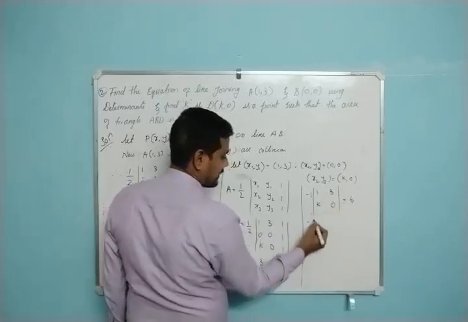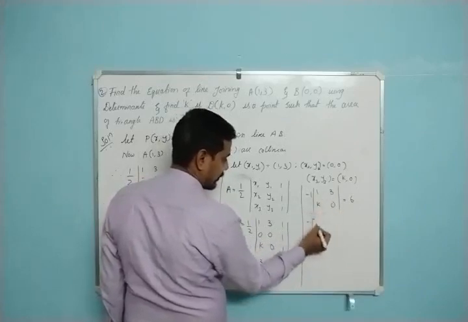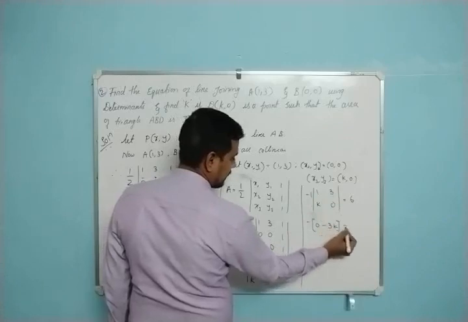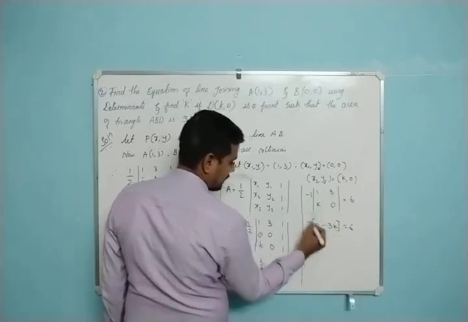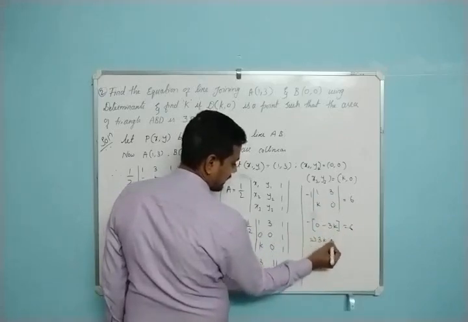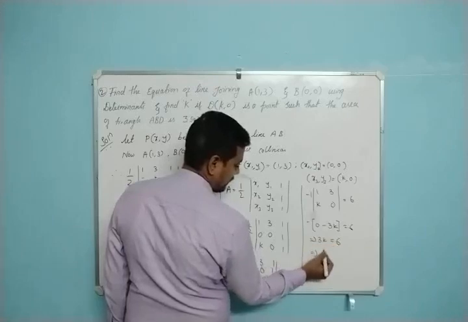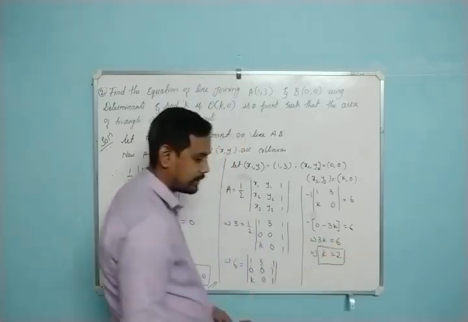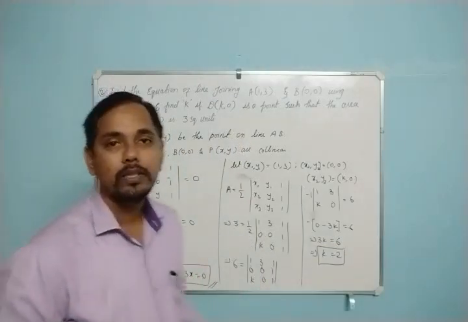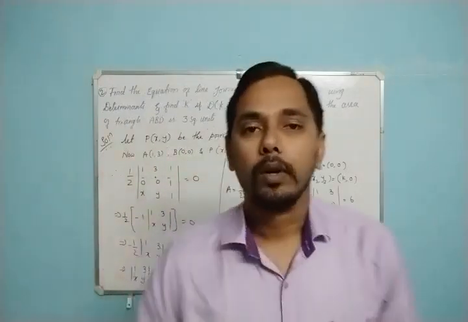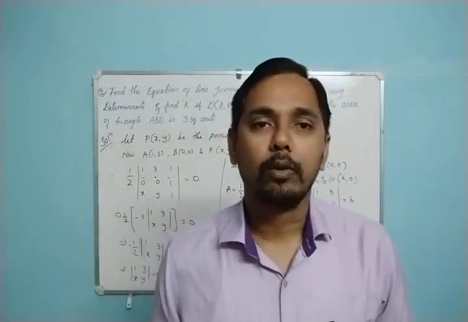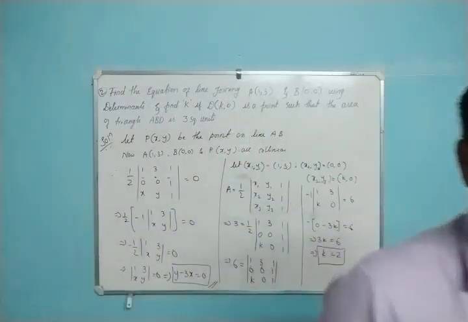So minus 1 into 0 is 0, minus k into 3 is minus 3k, so minus minus plus 3k is equal to 6, k is equal to 6 by 3, that is nothing but 2. So this is how you need to solve it. I hope you have understood this one. So pause the video and make a note of this.